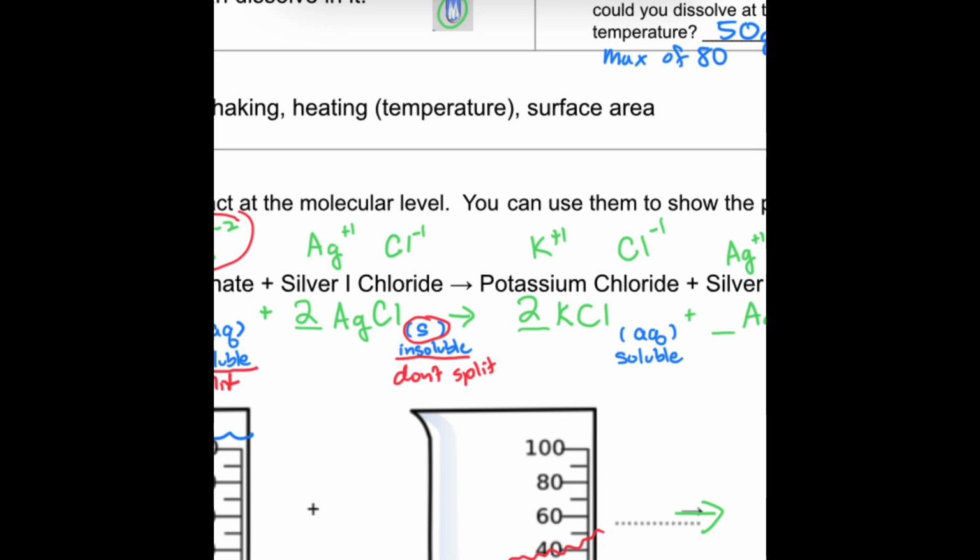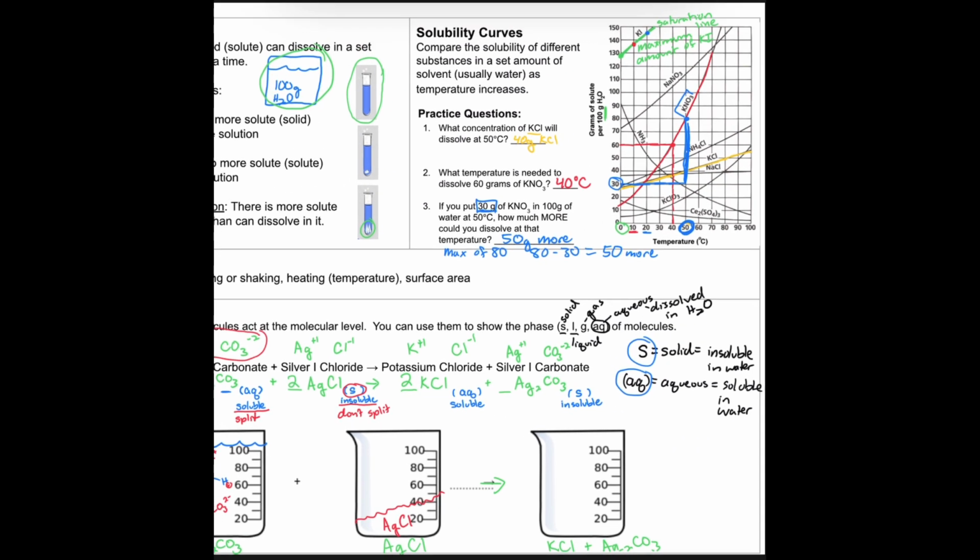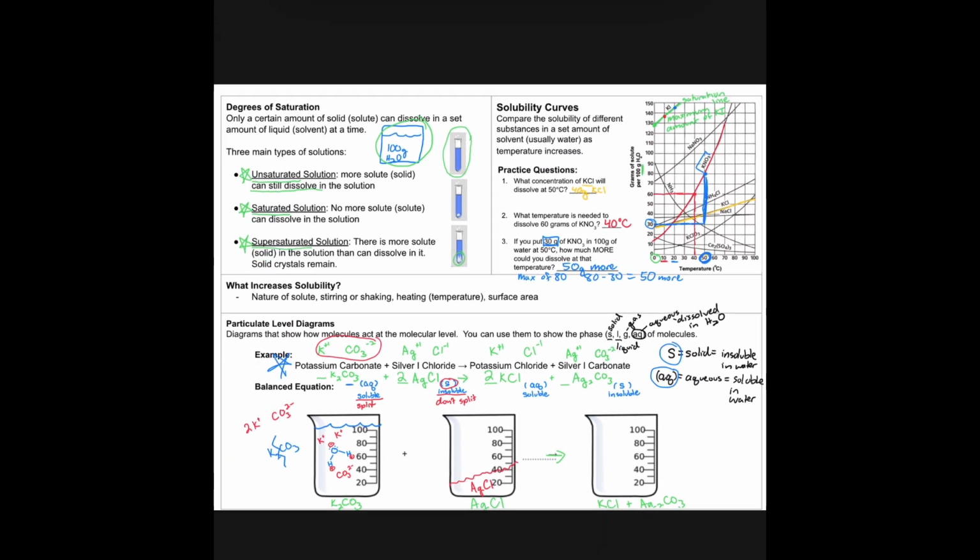It's like a powder or a salt. Okay, now again, let's picture it for a second. I have two beakers, one with a solution in it, one with a solid powder. And then I'm going to mix those two things together into one beaker and see what happens. And those two things are going to react with one another and they're going to produce products.